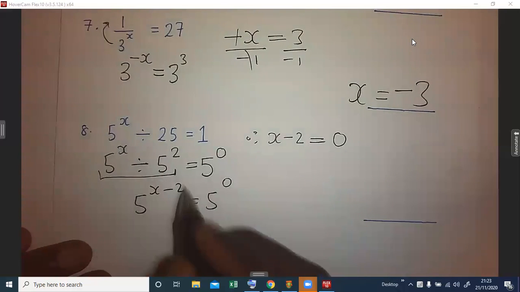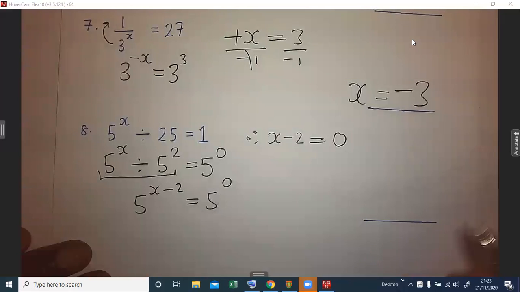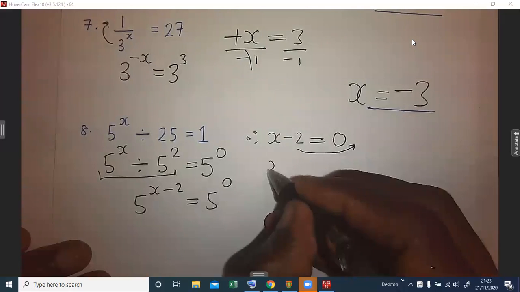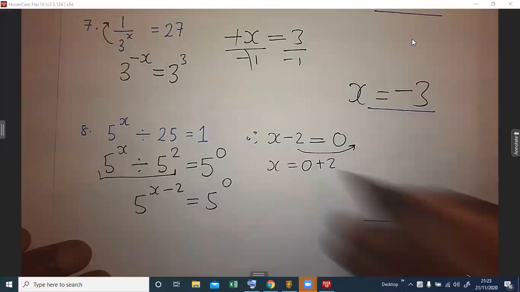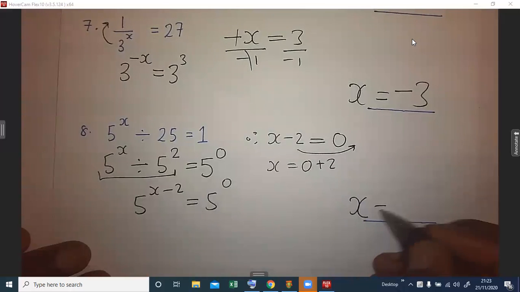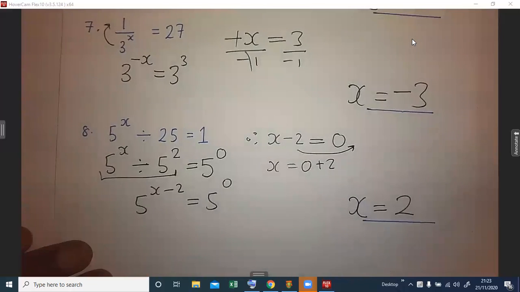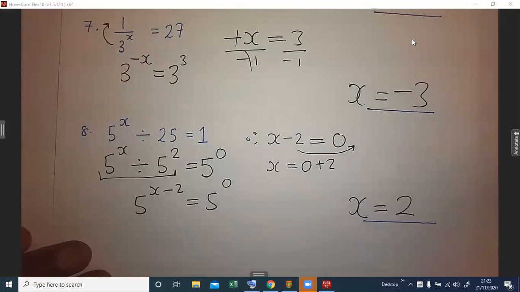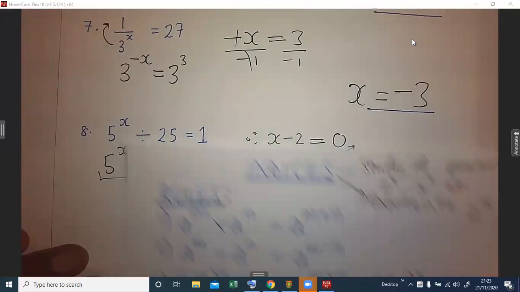The power of that side will be equal to the power of this side. Hence, I take my 2 to the other side and I get my x as positive 2. So this is how we deal with indices when we want to solve for any question.